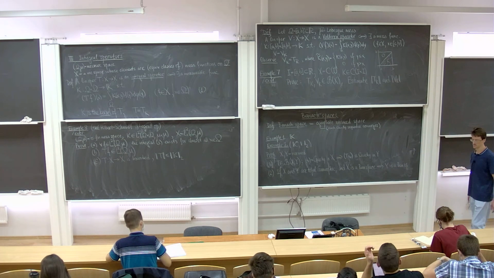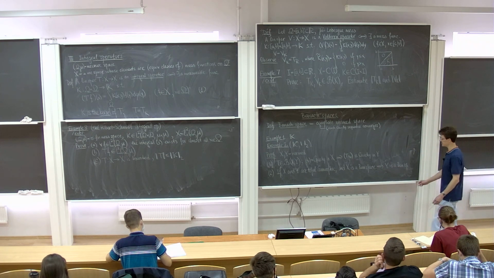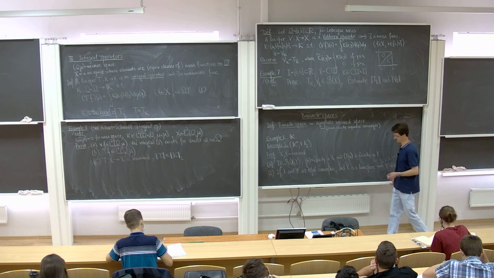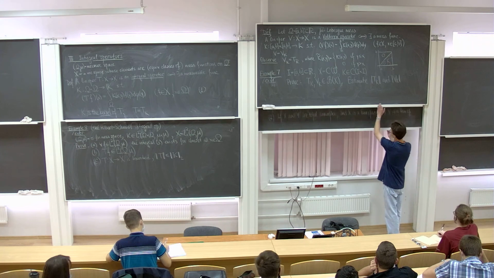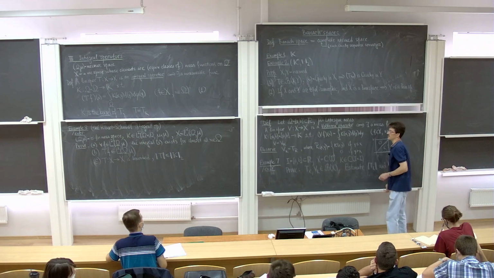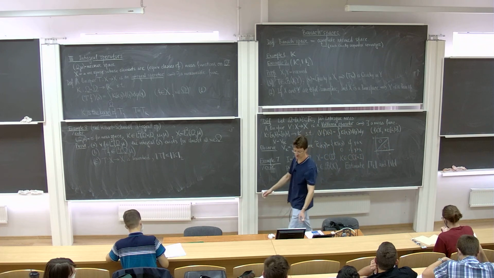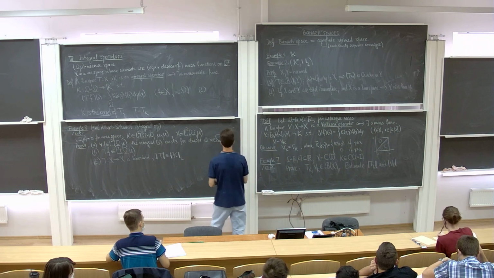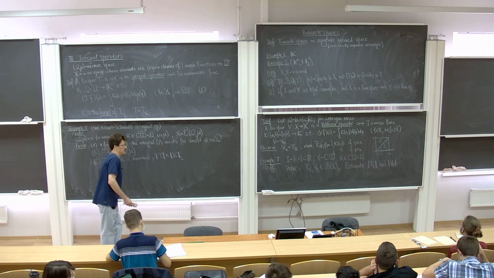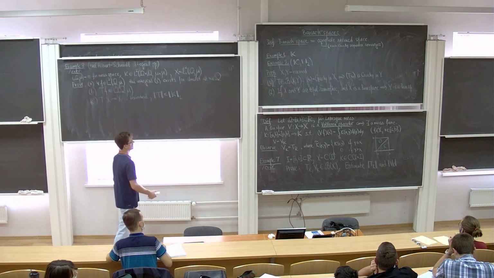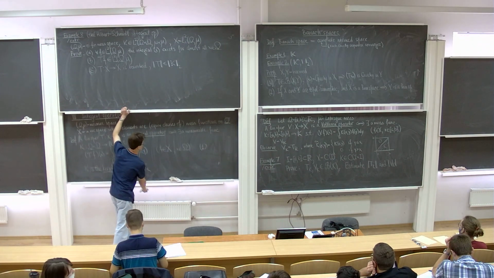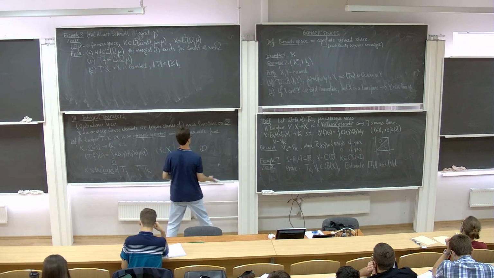So the completeness of a normed space is a linear topological invariant. By the way, you probably remember that completeness is not a topological invariant. It's not preserved under arbitrary homeomorphisms. But it is preserved under topological isomorphisms of normed spaces, that is, under linear topological isomorphisms.